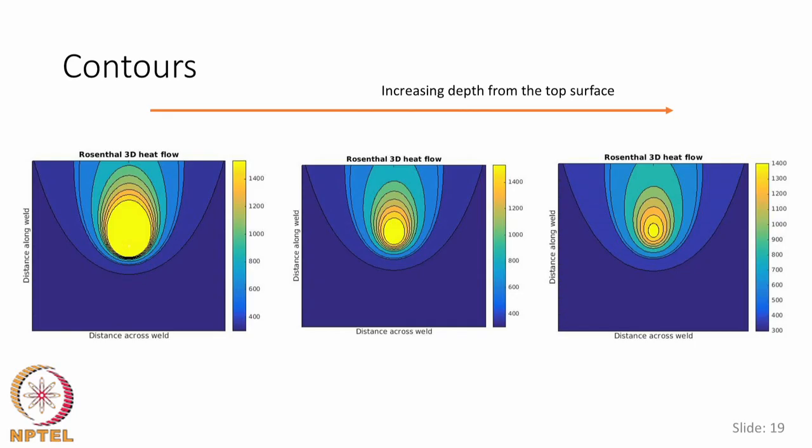At a small depth from the surface, the second plot shows the temperature profile, and you can see that the yellow circle has shrunk, which means that as you go from the surface inwards into the thickness of the weld, the weld pool has to shrink. And at a higher depth from the surface, you can see that the weld pool has shrunk significantly, as is evident from the third plot.